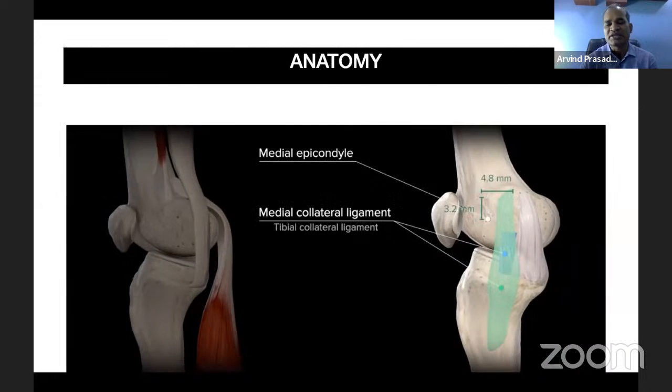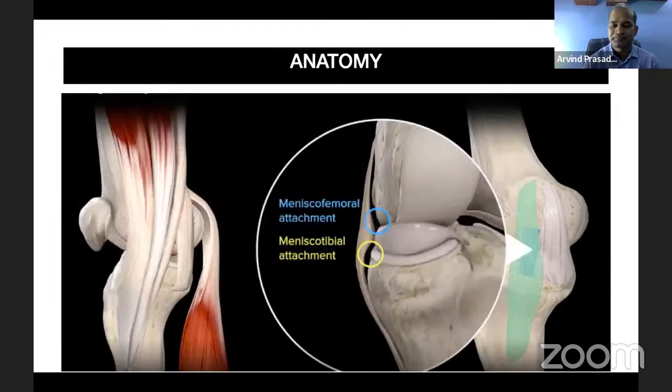If you see the attachment of the superficial collateral ligament over the medial side, it is almost around 5 millimeter posterior to the medial epicondyle area, as well as almost 3 millimeter proximal. So this attachment is again very important.